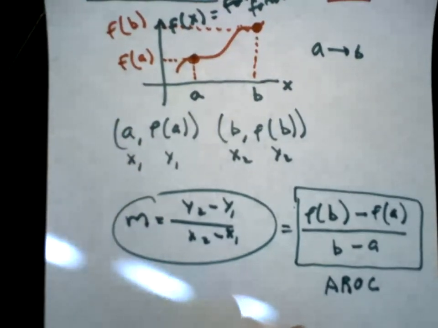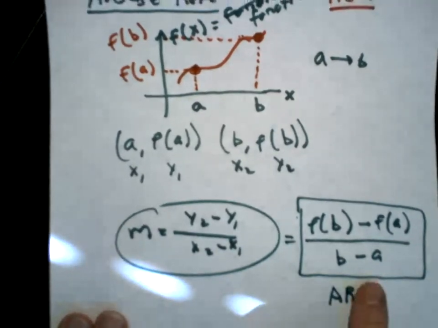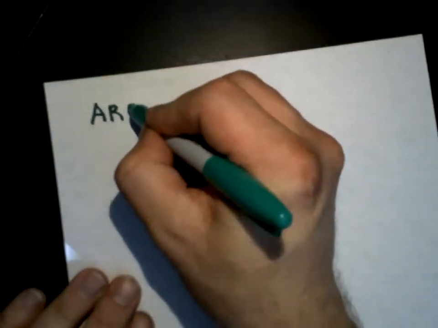Let's do one of these and maybe it will make sense. We want to use this equation for the average. So let's say, for example, we want to find the average rate of change.